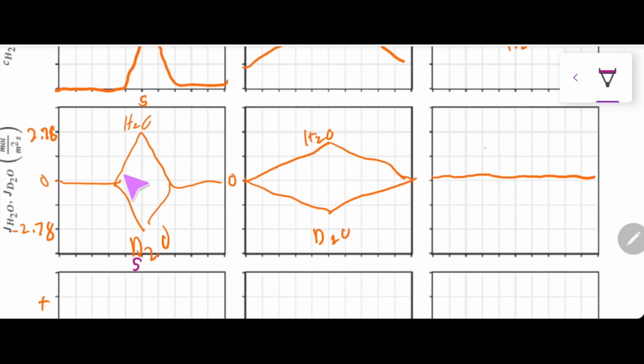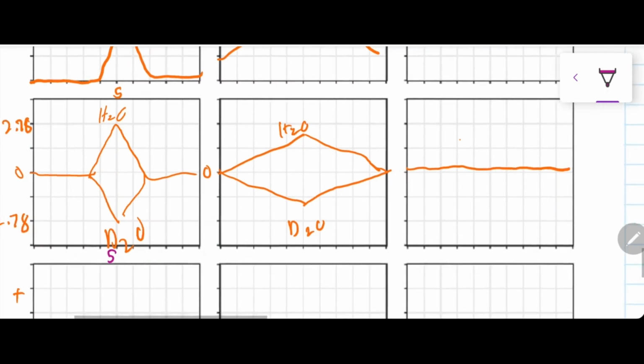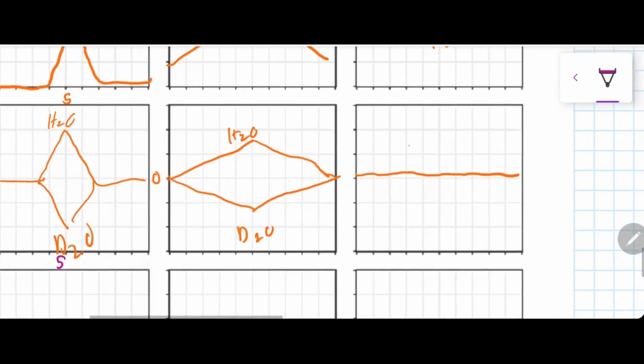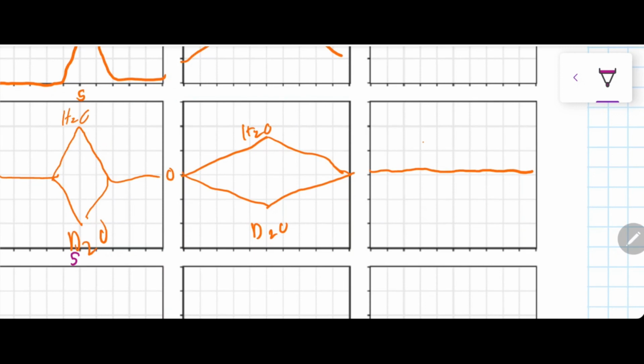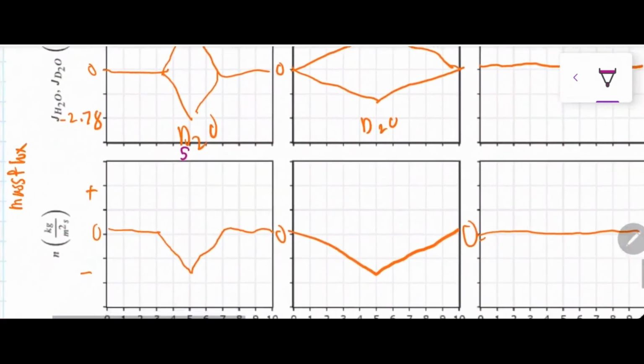And there's going to be a very drastic slope in those relative diffusive fluxes. And then as time goes on, the slope in those fluxes will become less steep until they eventually flatten out, because there will be no more flux, there will be no more mixing, it'll be settled.